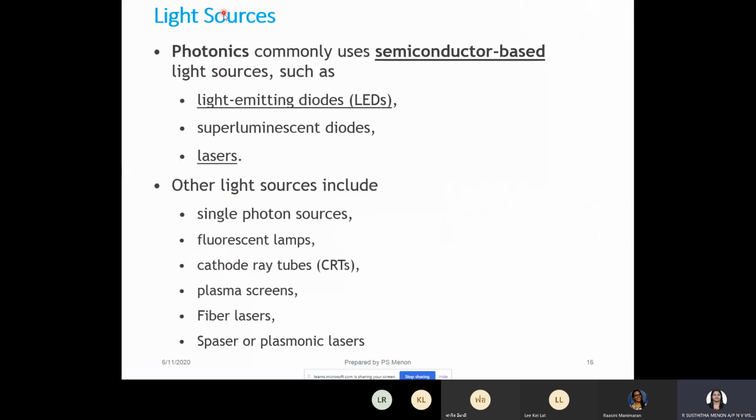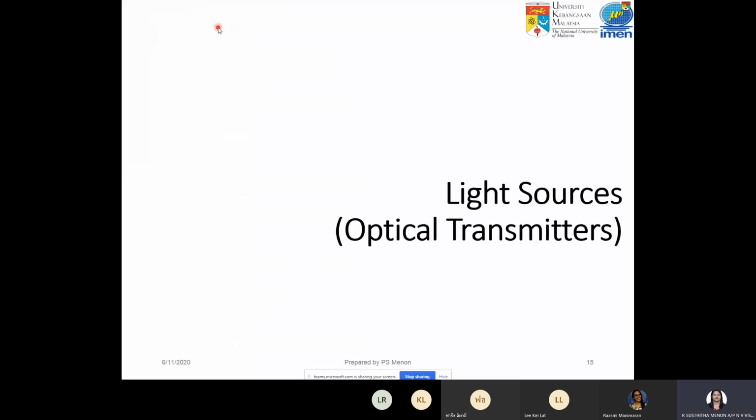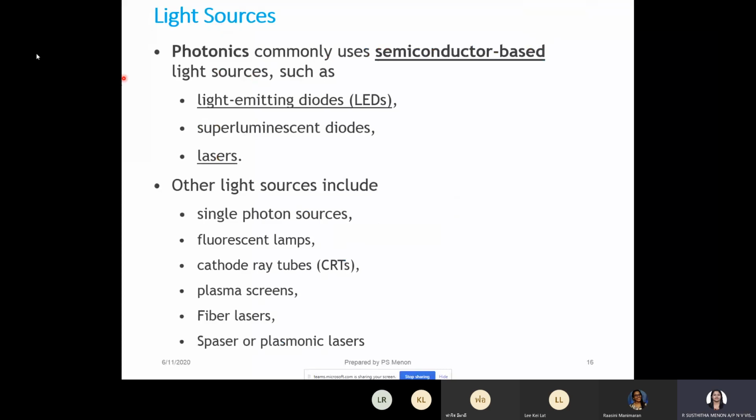Okay, so light sources or optical transmitters. In photonics, normally we use semiconductor-based light sources such as light emitting diodes or LED, superluminescent diodes, and also lasers. I will cover these two mainly, but I will also put in some slides about superluminescent diodes.